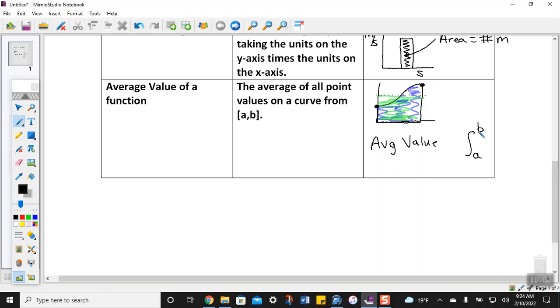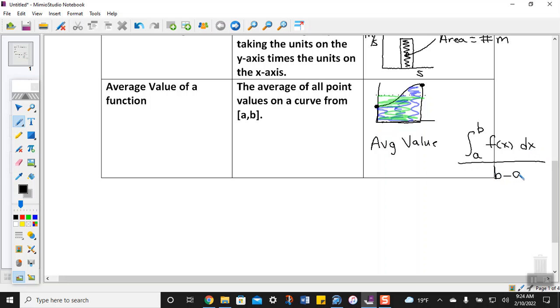B. Of some function f of x. Okay. This is like a total area up top here. Then to get to the average, we need to divide that by how many points we have, or basically the interval length. And the interval length will be found by dividing by b minus a.